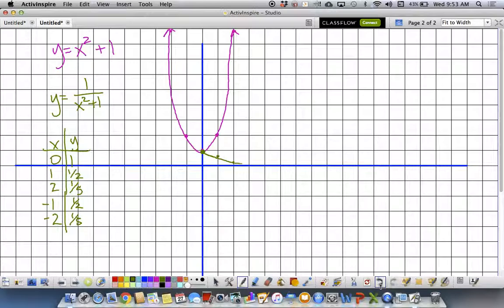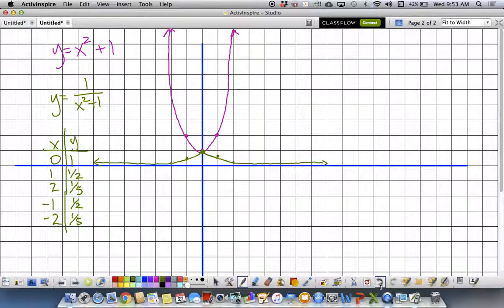It's not a straight line. At negative 1 we're a half still, and then the fifth. It's just a melted parabola. It almost looks like a continuation of that other side.